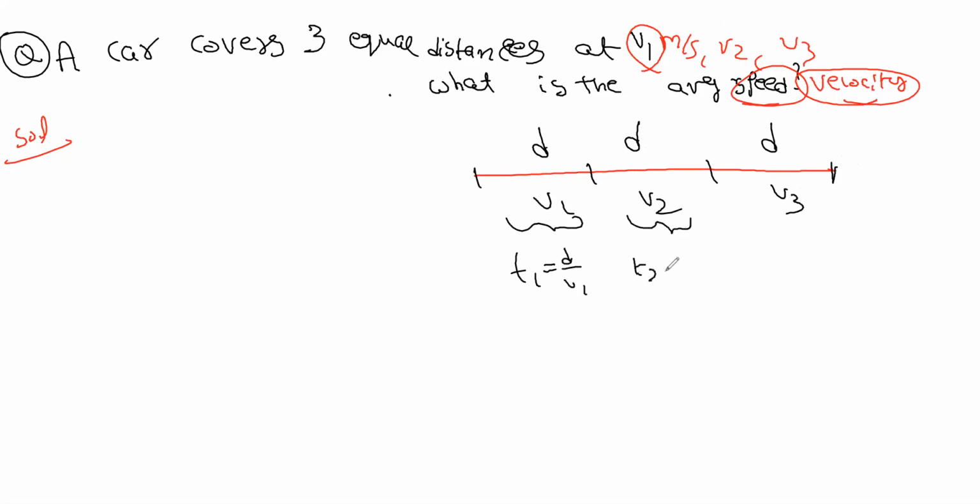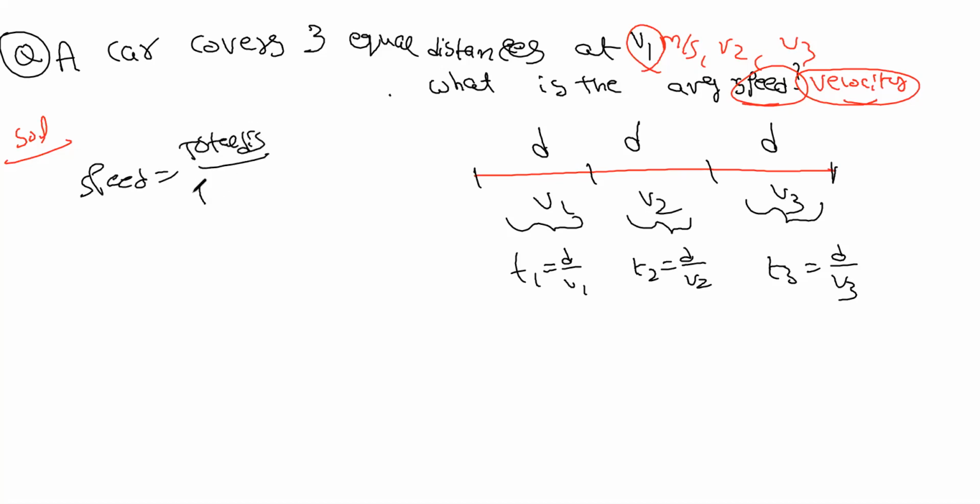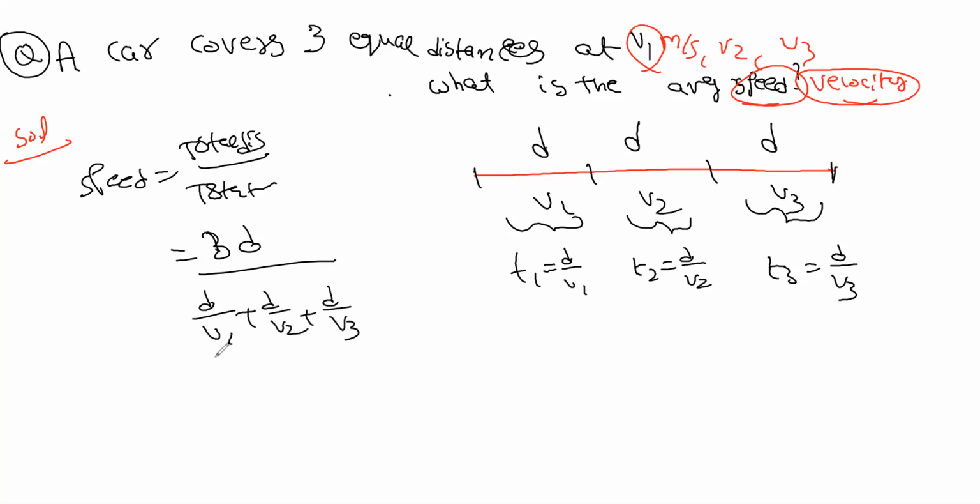Same thing t2, d by v2, and t3, d by v3. Same formula. Speed equals total distance by total time. So 3d upon d by v1 plus d by v2 plus d by v3. That's it.